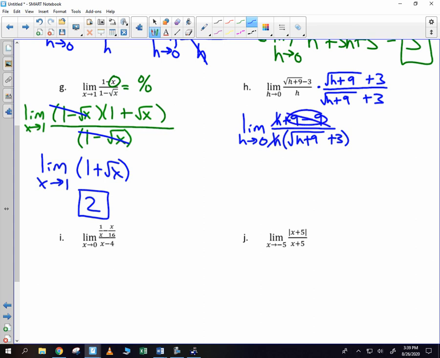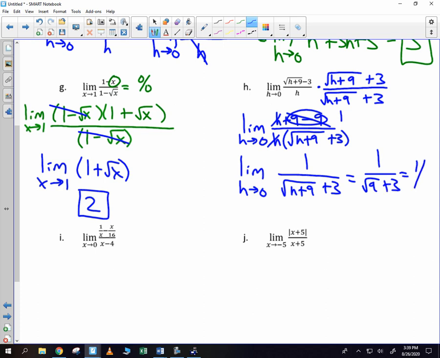H divided by the h creates 1 in the numerator. So you have the limit as h goes to 0 of 1 over the square root of h plus 9 plus 3. Plug in 0 now. You get 1 over the square root of 9 plus 3, or 1 over 6. That's the limit.